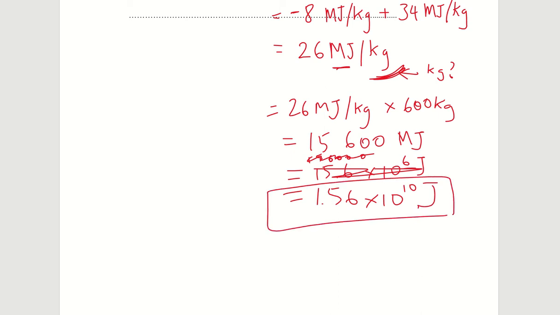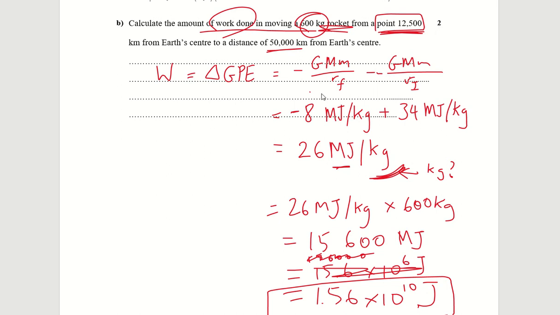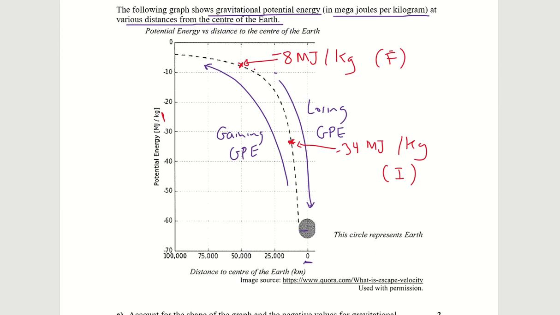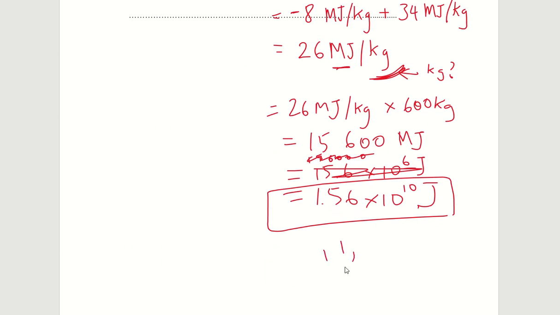So that's it rounded off. You can, by all means, try and calculate it manually using the change in potential energy formulas there. Numbers might vary, but that's okay. If they do give you a stimulus, try your best to use that stimulus in your calculations instead though. All right? And that's how you do the question for this one.